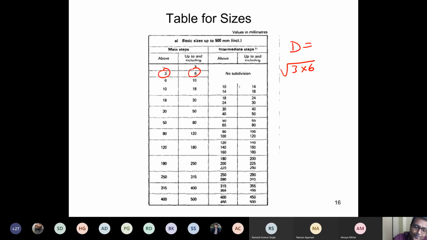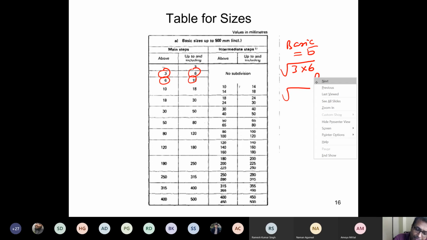If the basic size is 10, it lies between 6 and 10, so this will be the root of 6 times 10, root 60.